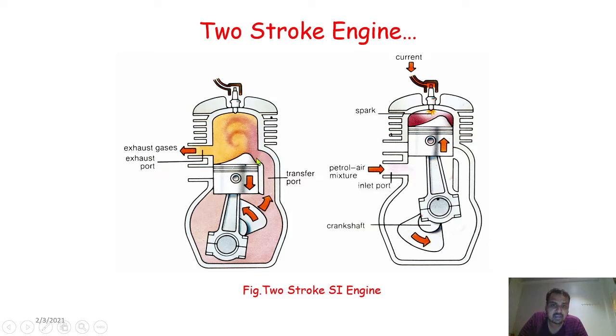That's why, as the transfer port opens, this fresh charge will move upward, because the bottom surface pressure of the piston acts on the fresh air-fuel mixture present inside the crankcase, and it moves upward through the transfer port above the piston. This fresh charge pushes gases out through the exhaust port to the atmosphere, and this process is called the process of scavenging.